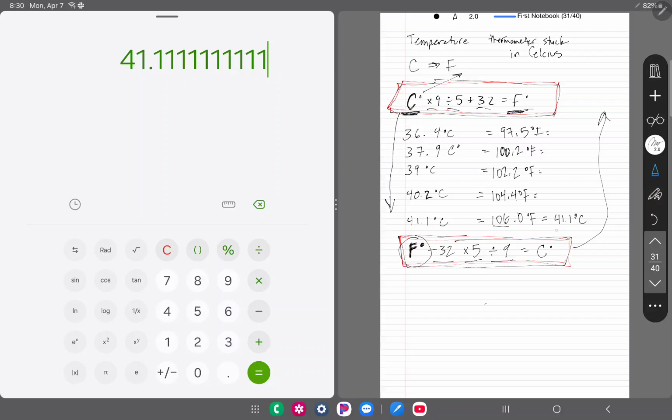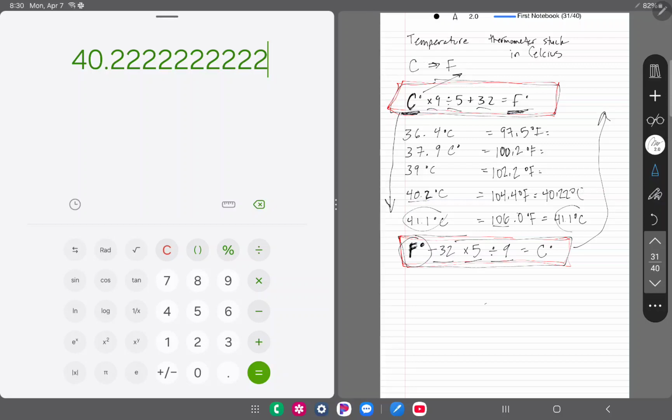And isn't that cool? Look at that, 41 and 41. You got the right answer. All right, let's see. Next one, 104.4 minus 32 times 5 divided by 9 is 40.22 degrees Celsius.